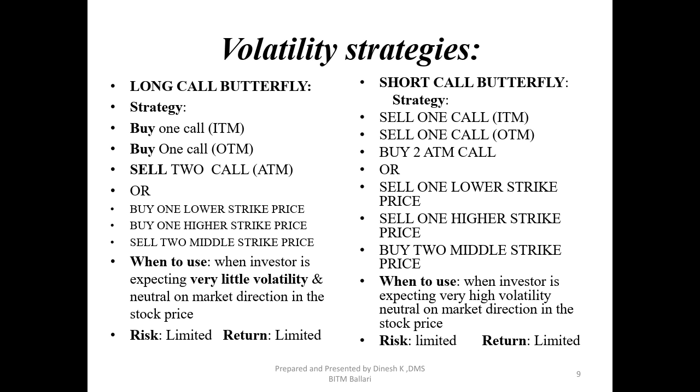We buy one call which is in the money, and buy one call which is out of the money. Buying a call in the money means its strike price is less than the current market price. Buy one call with a higher strike price, higher than the current market price. Then sell two options whose strike price is in the middle.